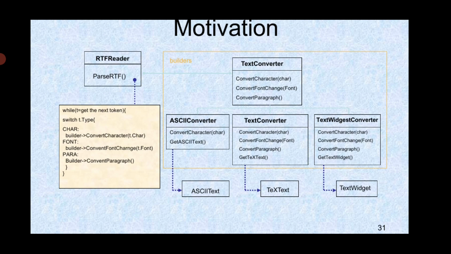Let us reuse the text format reader: we pass the algorithm to create different text representations from a rich text format document. We just configure the RTF reader with different subclasses of a text converter. That is the example of the motivation of the builder pattern.